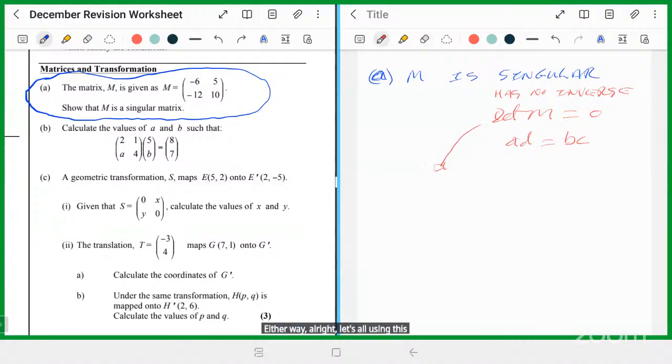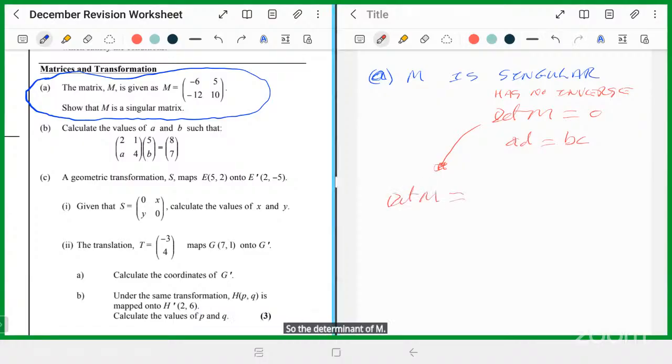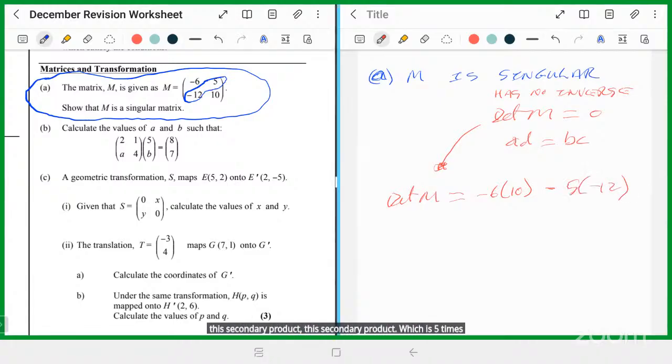The determinant is 0. We're going to calculate the determinant and show that it is 0. So the determinant of M would be this first diagonal product, negative 6 times 10, minus this second diagonal product, which is 5 times negative 12.